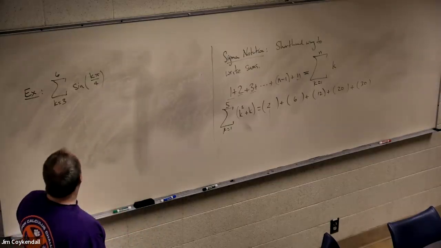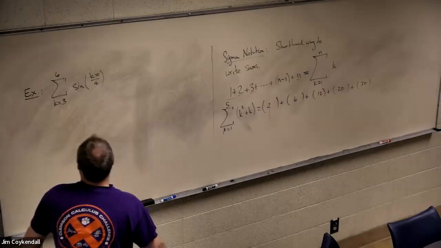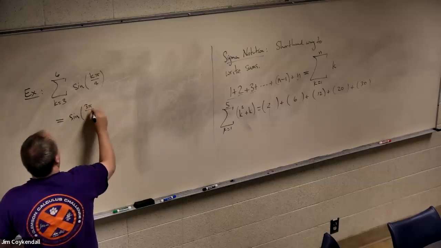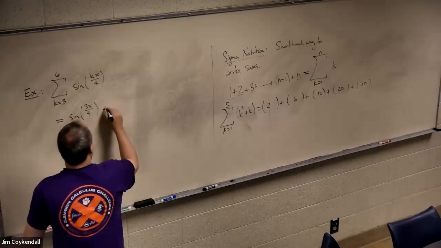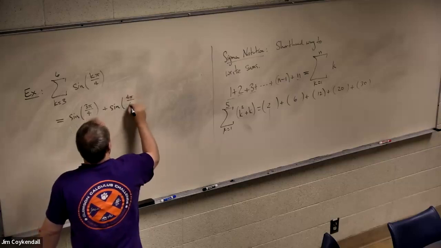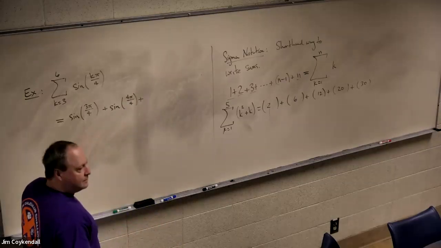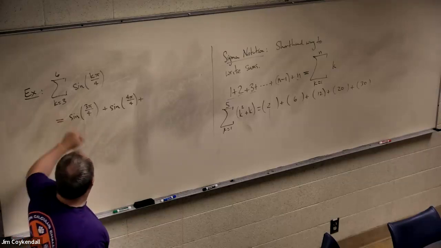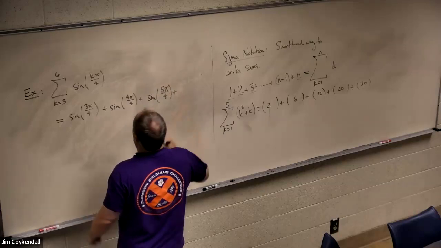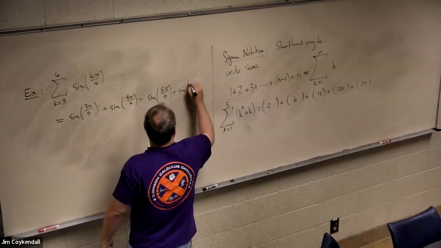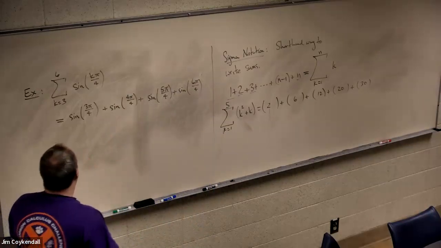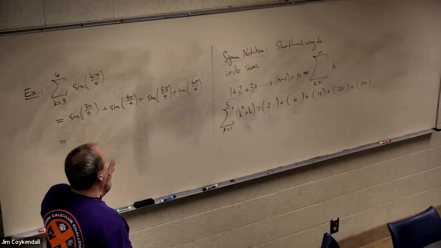This just means counting off. I start at 3 and I end at 6. So when k is 3, I have sine of 3 pi over 4. And k equals 4, I get sine 4 pi over 4. k equals 5, sine 5 pi over 4. And k equals 6, I get sine 6 pi over 4.